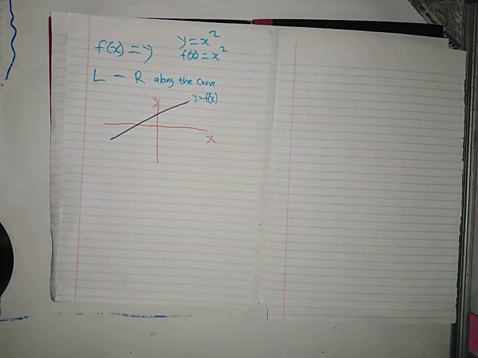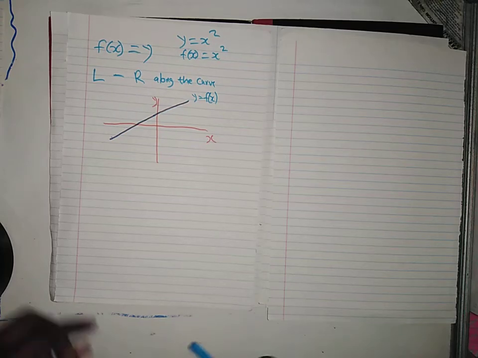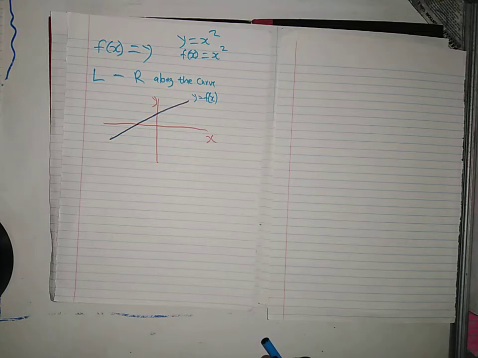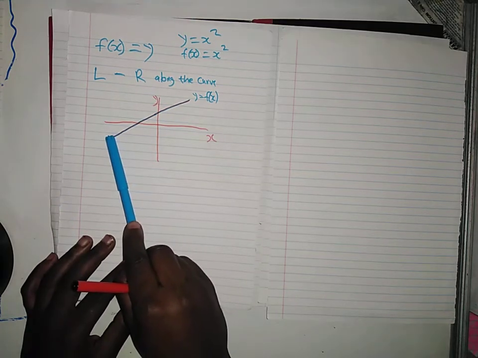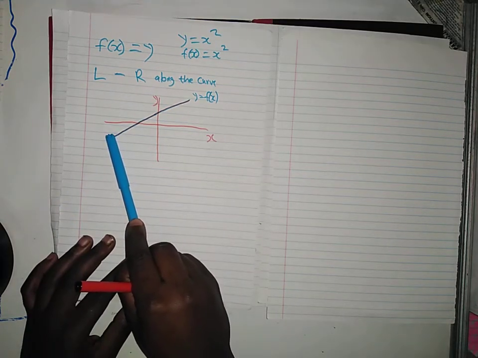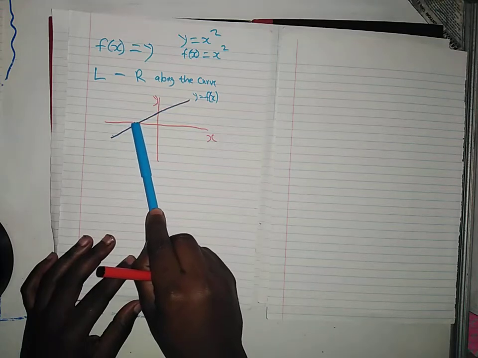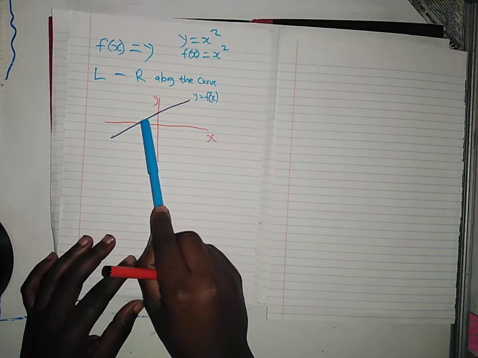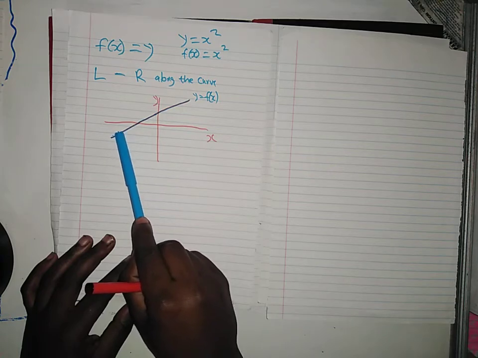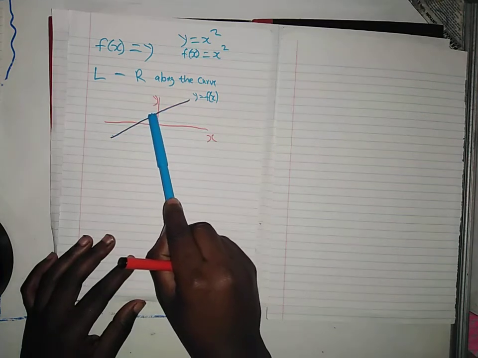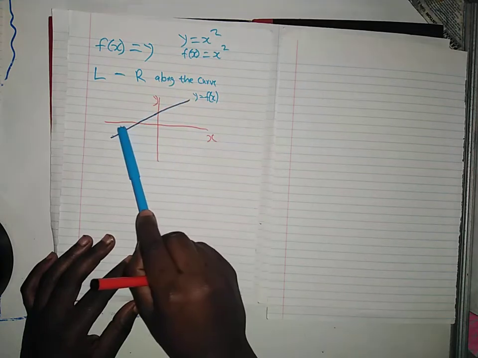Okay. So now, I want you to listen very carefully. I said you must move from where? From left to right. So let's say you are here. Can you see that? And then you are moving along the graph. Now, when you move along the graph from left to right, can you see here you are going up?